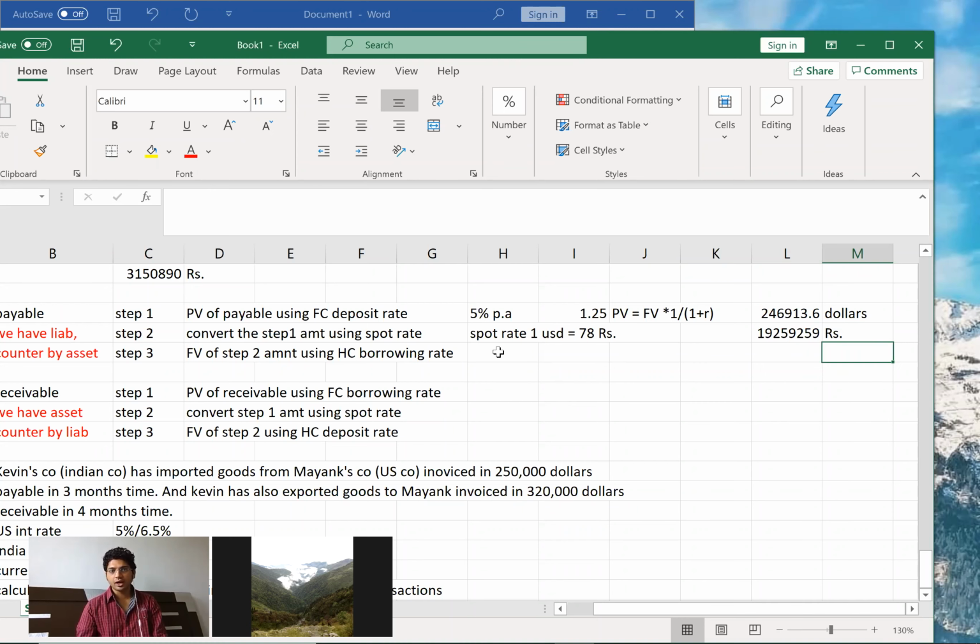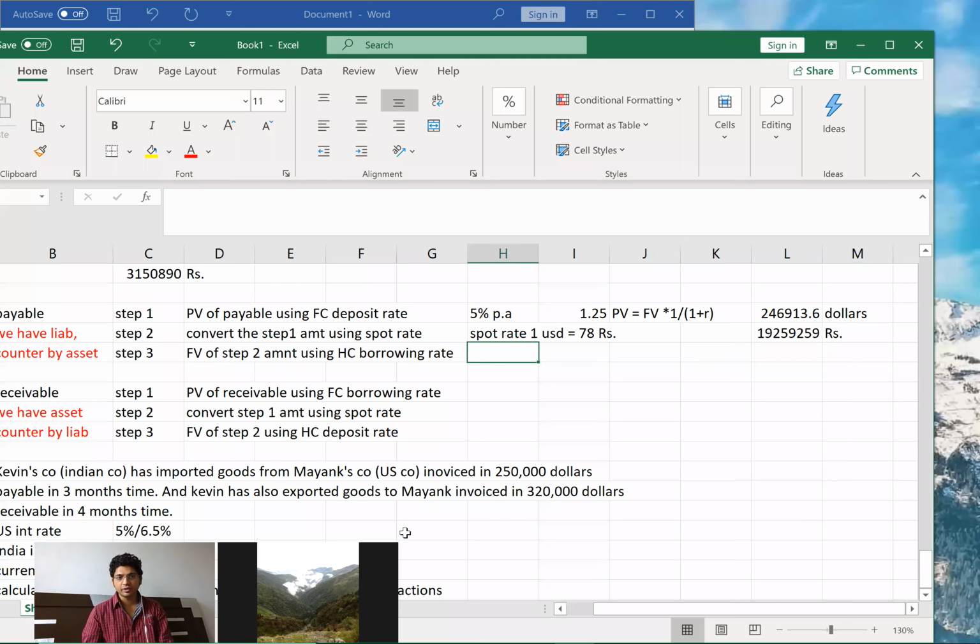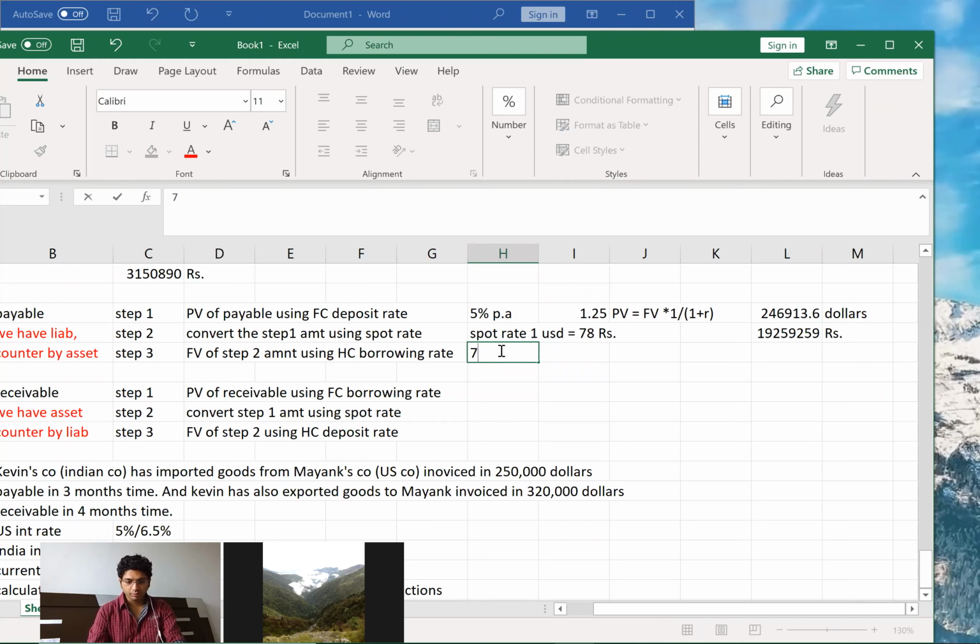Correct. And now calculate future value using home currency borrowing rate. Home currency is India. India borrowing rate means India higher rate. Higher rate of India is 7.5% per annum. I don't want per annum, I want it for 3 months.